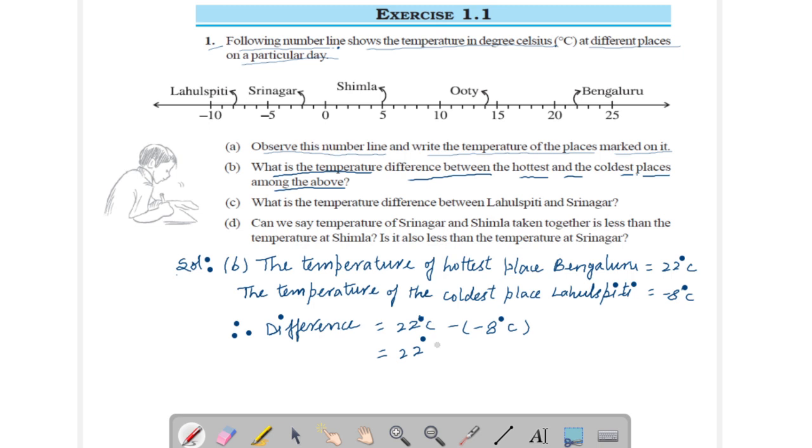When we open the bracket, minus minus will become plus, so 22 degrees Celsius plus 8 degrees Celsius, and if you add it, you will get 30 degrees Celsius. This is your answer.